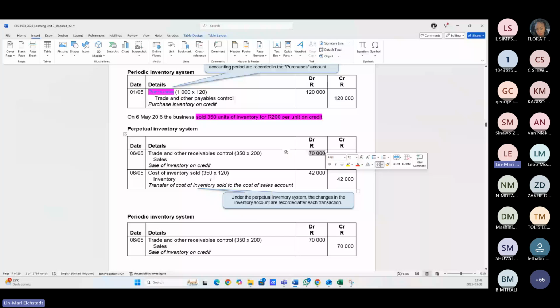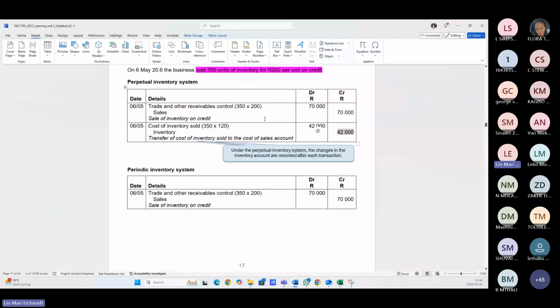So we said our purchase cost was 120, so 350 times 120 gives us our cost of inventory sold, and we also decrease our inventory account. Whereas on the periodic one, again, the first part is the same. Our debtors increase with the amount of sales, and our sales increase.